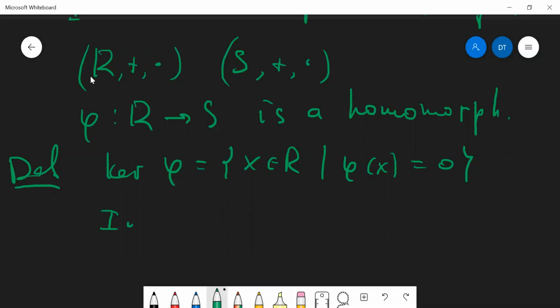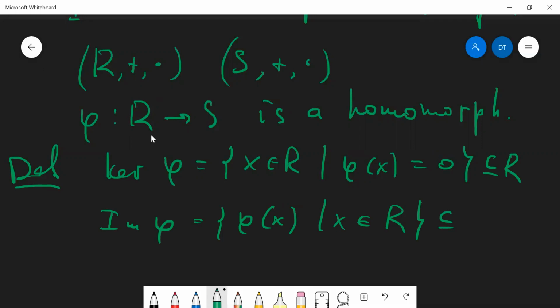And the image of phi is the set of elements phi of x, where x goes through the elements of the ring R. And the kernel is a subset in R, so here inside the source, and the image is a subset here inside S, inside the target.